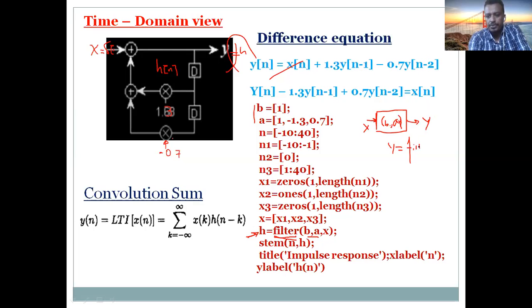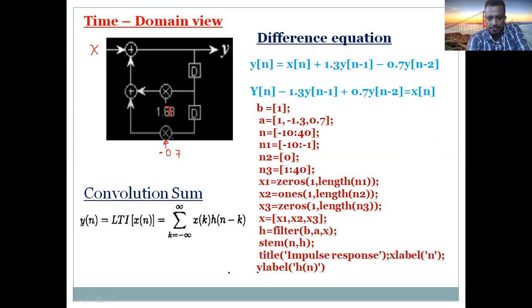So we write filter(B, A, X). B and A are the system. What is the input? X. Same thing I have done here. I generate the input. Here B and A represent the system itself. Next, in this step, I generate the impulse, which we call X, and apply it to the filter function.